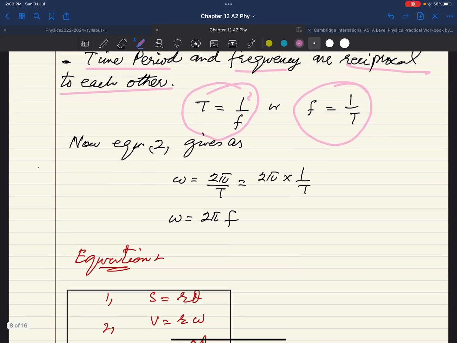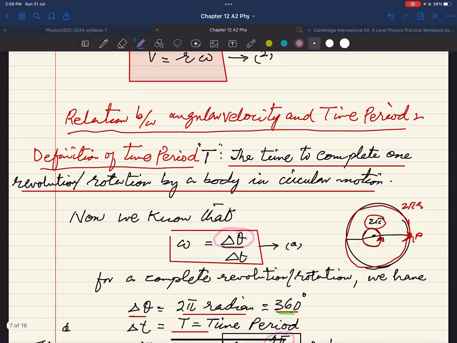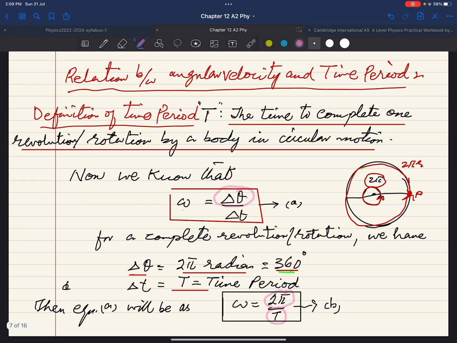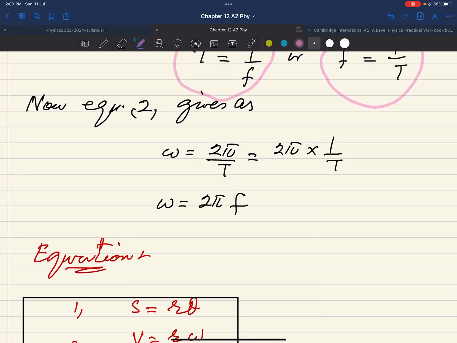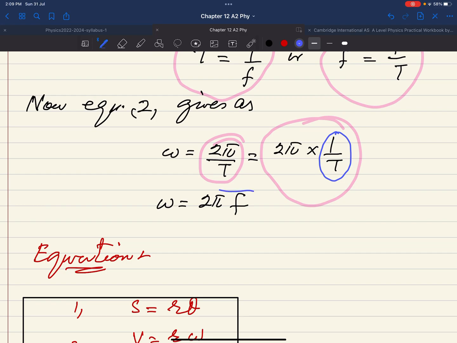T. So in the previous equation, omega is equal to 2 pi over T, you can very simply say that we can write the equation in this form, which is 2 pi into 1 over T. As we just discussed, 1 over T is nothing but f. So omega is equal to 2 pi f. And that's why we use the term angular frequency, and here we have the linear frequency.